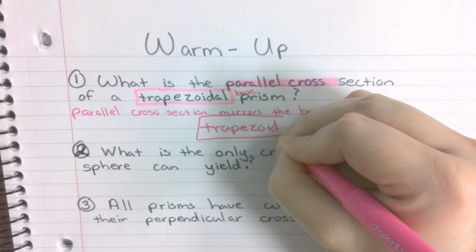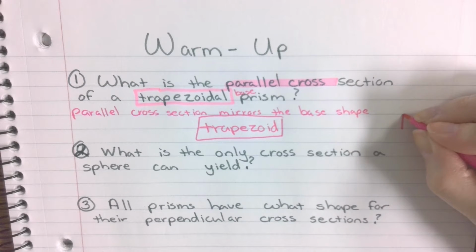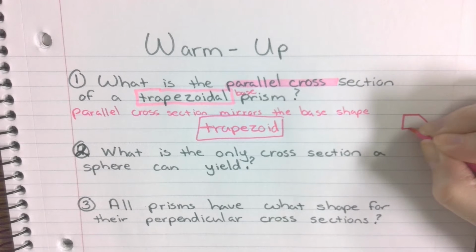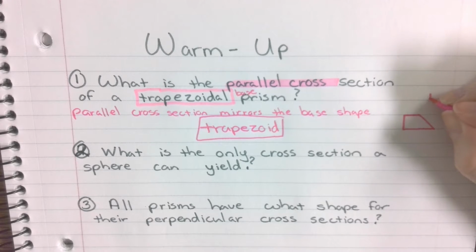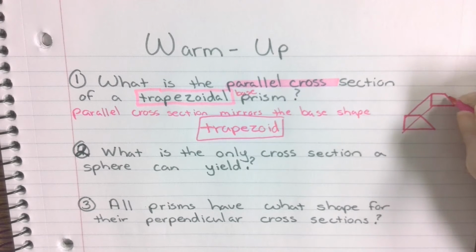When in doubt, you could also just draw it. If you draw a trapezoid, and then try to mirror that, to draw a congruent one, this is what the trapezoidal prism looks like.